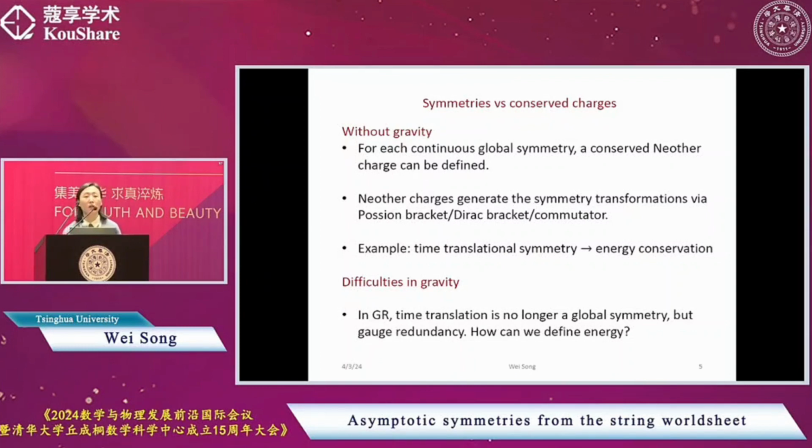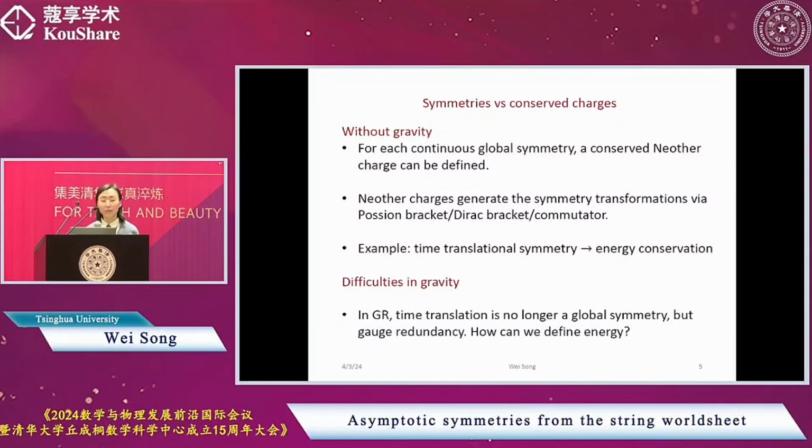And this Noether charge will generate this symmetry transformation either by a Poisson bracket in the classical theory, or Dirac brackets when there are some constraints, or a commutator when we are considering a quantum theory.